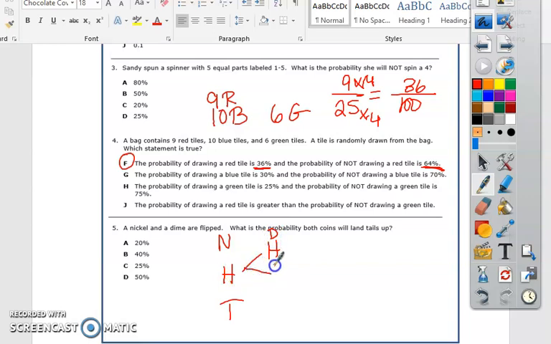Or I can get tails on the dime. So hopefully this looks familiar. Hopefully you've done something like this. But I might get tails first. If I get tails first, I could get heads and then tails. So there's actually 4 total possibilities here. And my outcome that they'll both land tails up would be 1 out of 4, which is 25%.